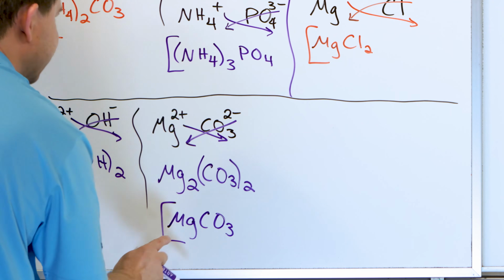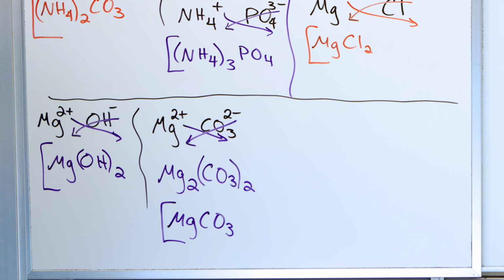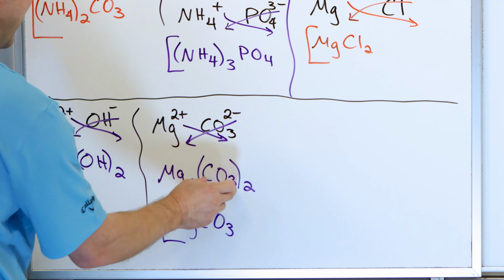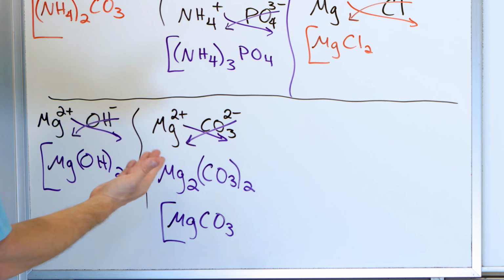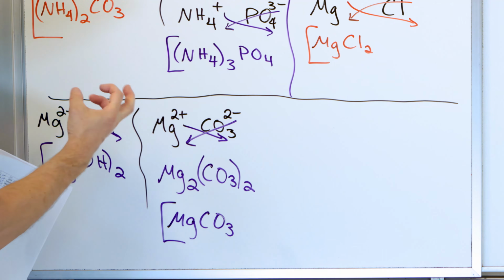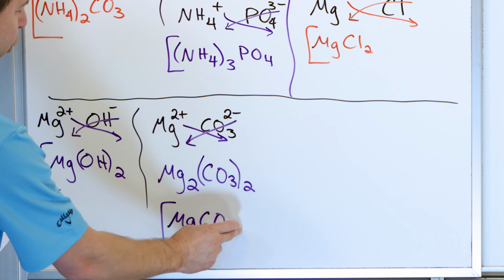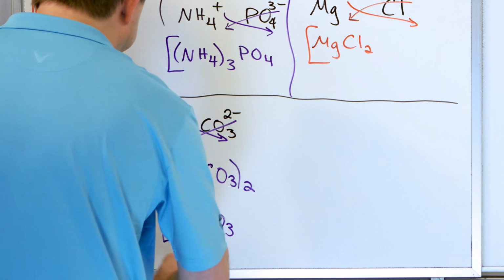So really the formula unit is the lowest ratio, which is MgCO3, which is magnesium carbonate, right? So this is the correct ratio. It is 2 magnesiums for every 2 carbonate ions. However, for ionic compounds, since there's no molecule, we just want the lowest ratio between what we're talking about. So it really should be 1 to 1. This is the correct answer.